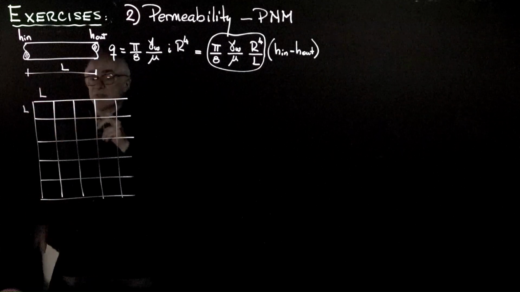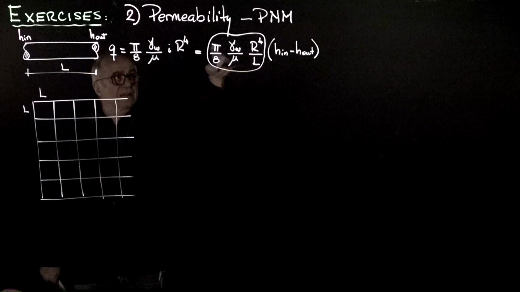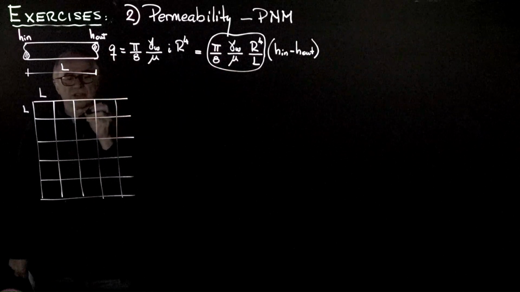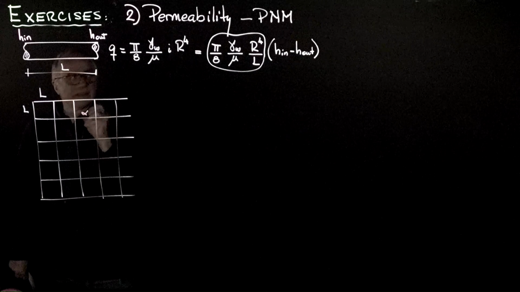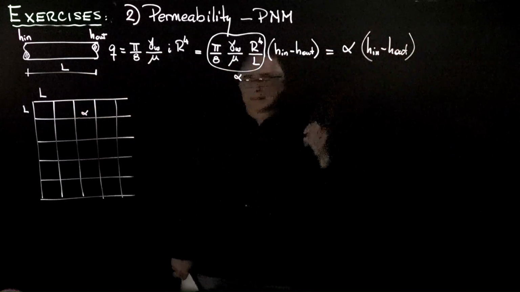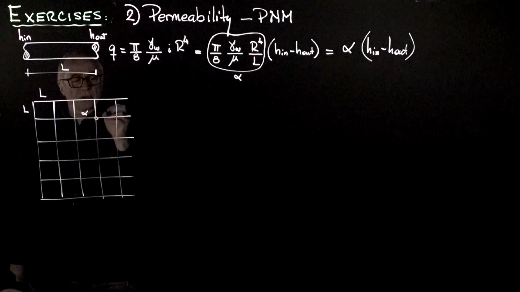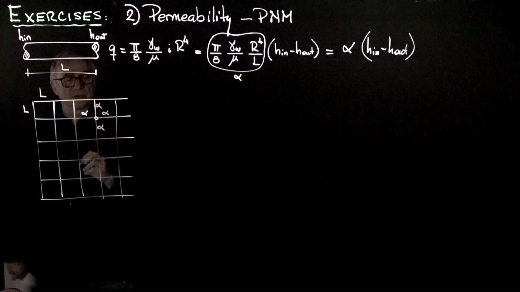Now, once again, for each tube, you know the radius, you know the length, all these are constants. So for each tube, you have, if we call that quantity alpha. And so, converging to a node, you know the alpha values for all the tubes that converge to this node.